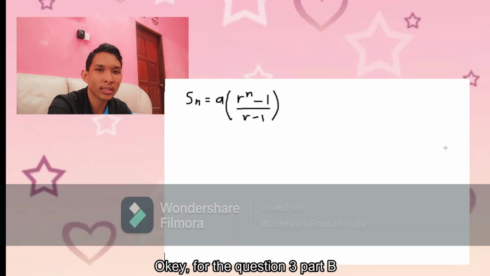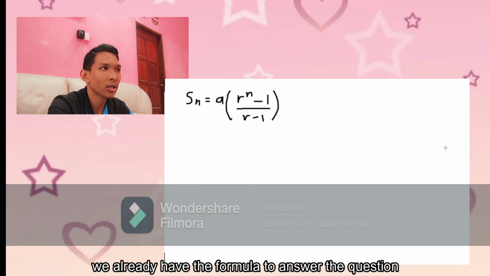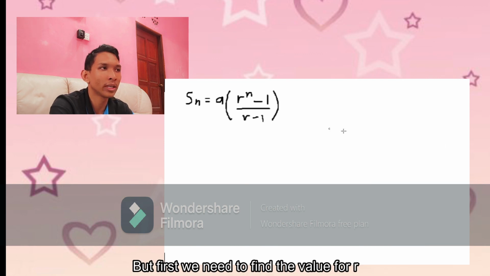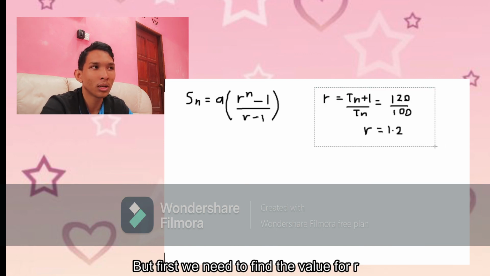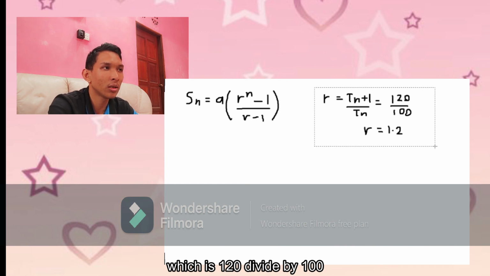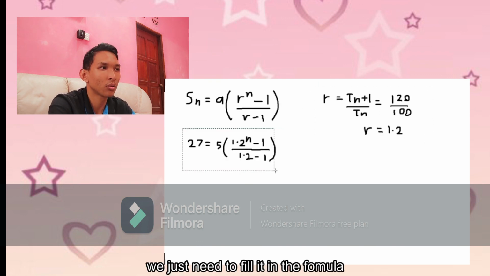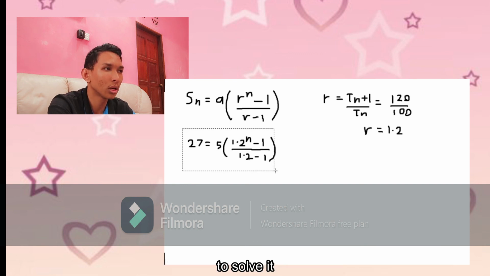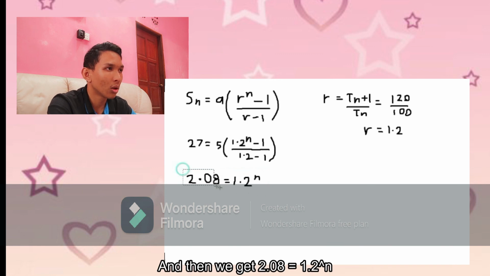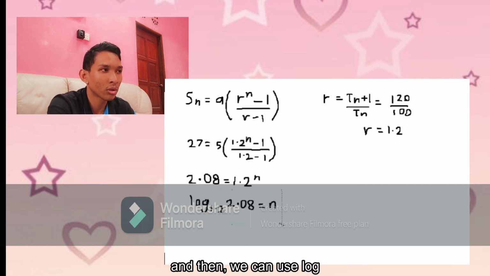Okay, for the question 3 part B, we already have the formula to answer the question. But first we need to find the value for R, which is 120 divided by 100. We will get 1.2, and then we just need to fill it in the formula to solve it, and then we get 2.08 equal to 1.2 to the power of n, and then we can use log.